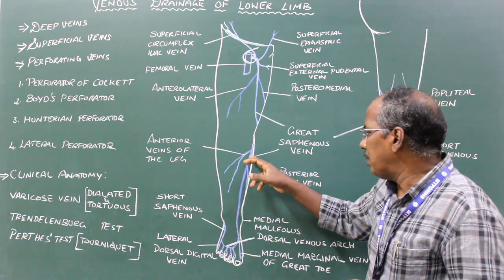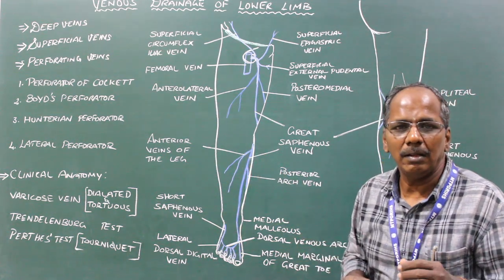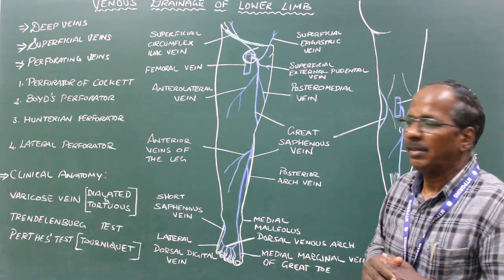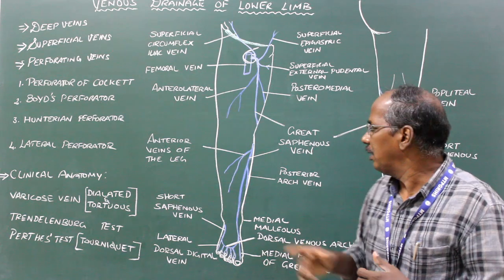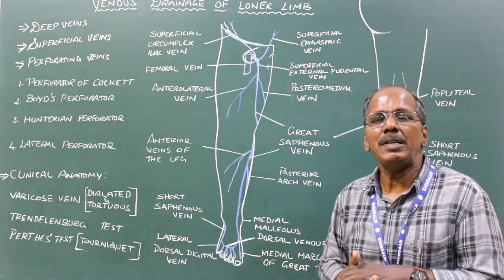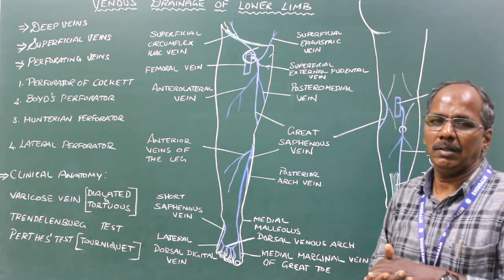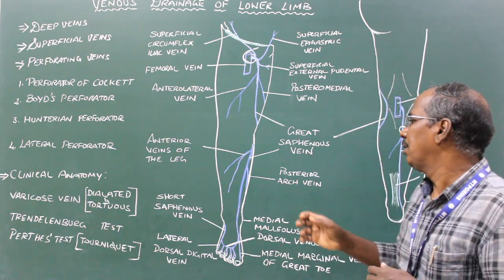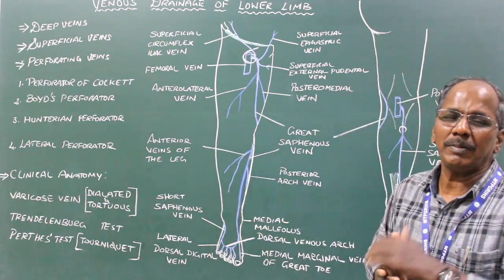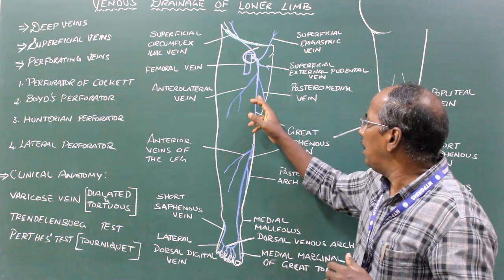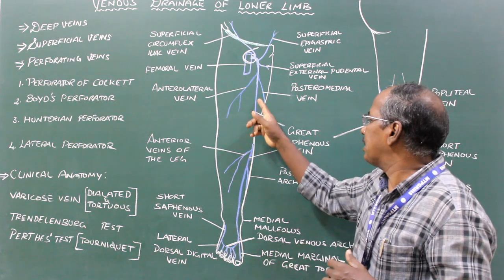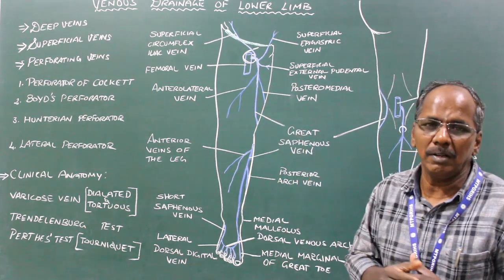It is present in the upper part of the leg, that is below the knee, and it connects the great saphenous vein with the posterior tibial vein. Hunterian perforator or adductor canal perforator is present in the lower 1/3 of the thigh and it connects the great saphenous vein with the femoral vein.